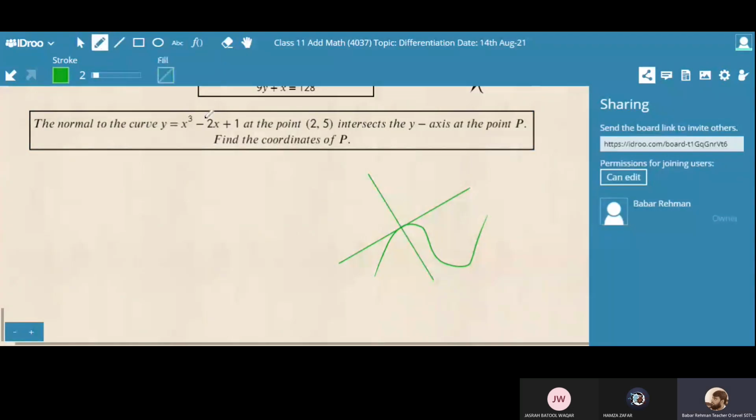We have been given the coordinates (2, 5) of the point where the tangent touches the curve. And this normal is also intersecting the y-axis at P. Look at this: the normal to the curve intersects the y-axis at P. So this is, for example, the y-axis, and over here the point is P. And you know the coordinates of a point on the y-axis: at the y-axis x is 0 and y will remain the same.